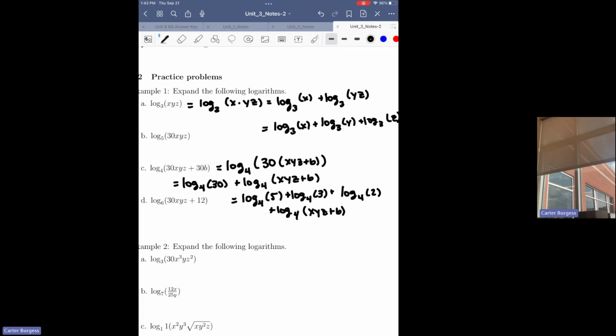Don't forget that it's there. We just can't do anything about it. And so this would be our fully expanded logarithm.